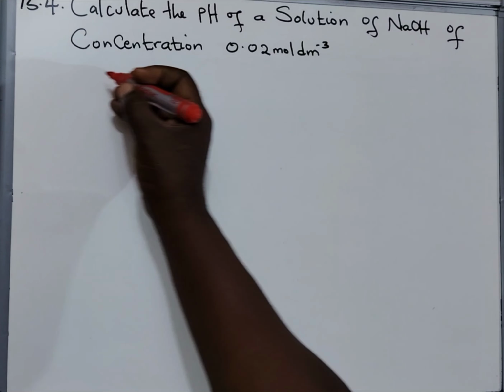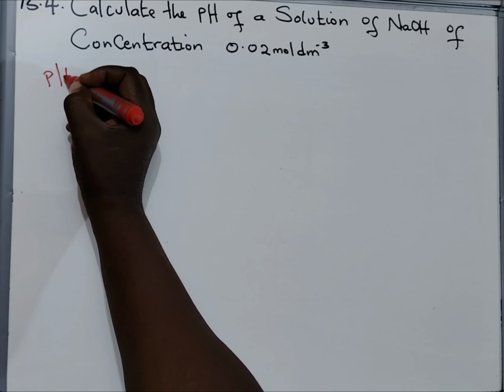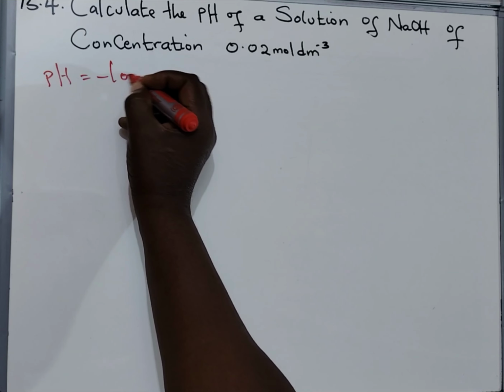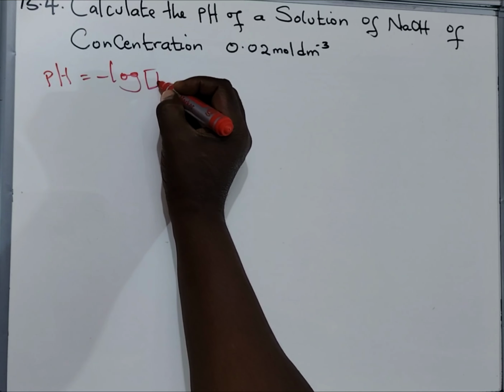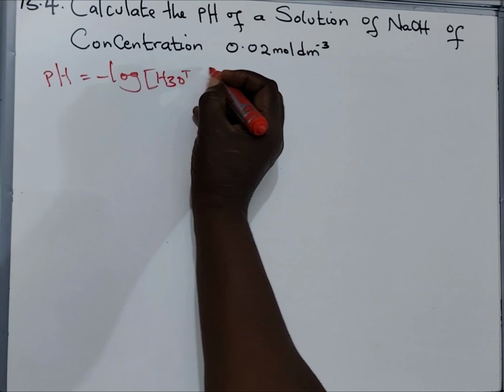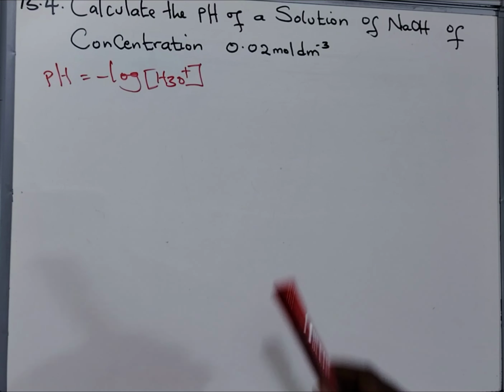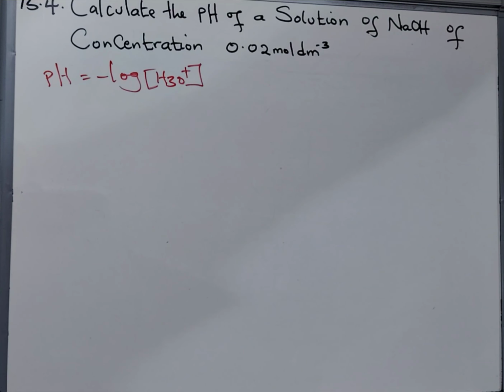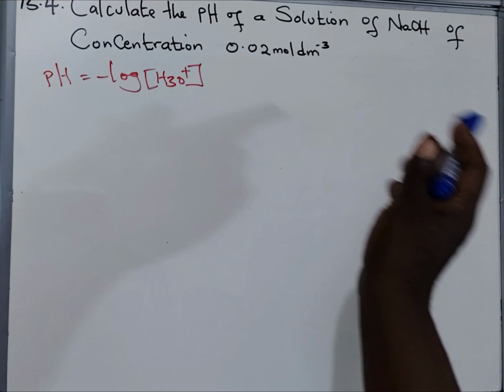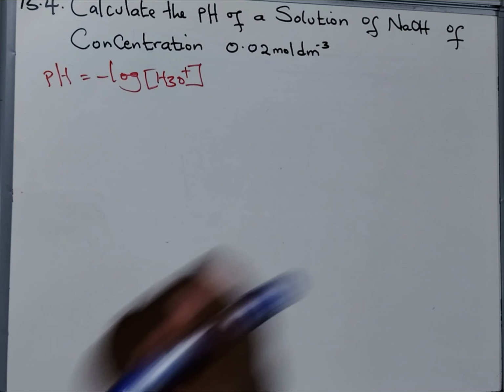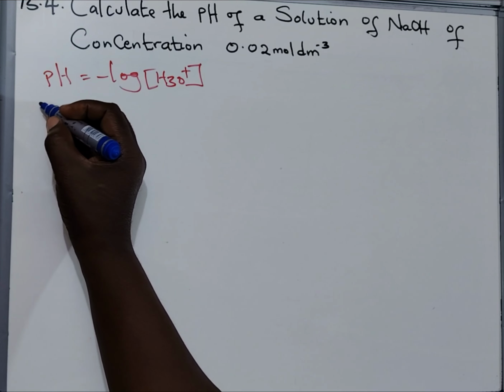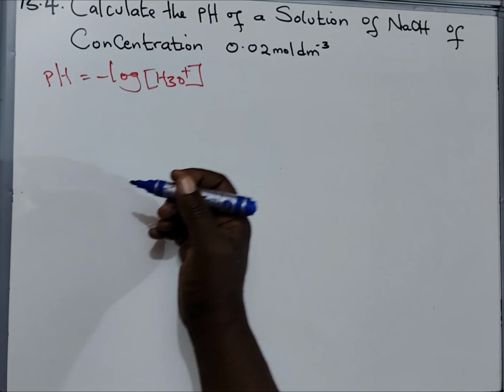Here you have to remember that pH is equal to negative log hydronium ion concentration. But when you look at the scenario we're analyzing, we do not have hydronium ion concentration anywhere. So you set up the task of calculating hydronium ion.